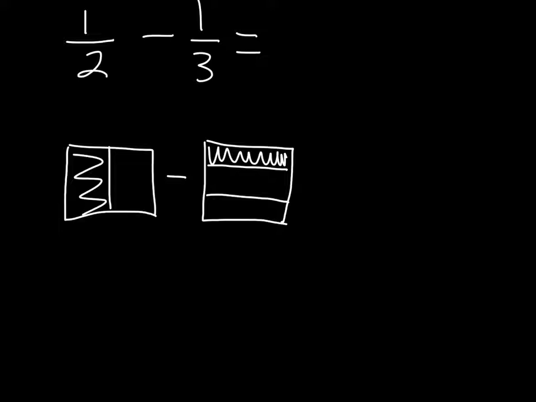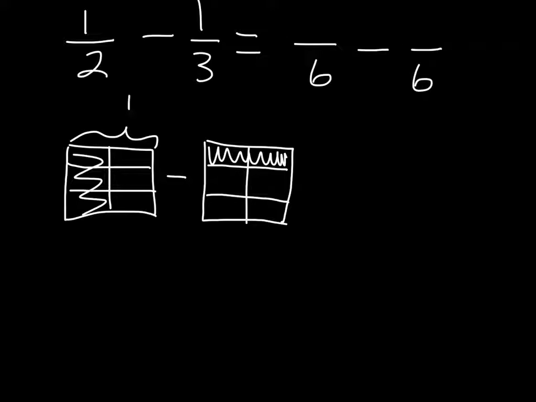And then we're going to cut the 1/2 into thirds and cut the 1/3 into half. So we now have two area models that use the same unit, which is 1/6. So we know that our new denominator is going to be 6. I'm going to go ahead and label everything.